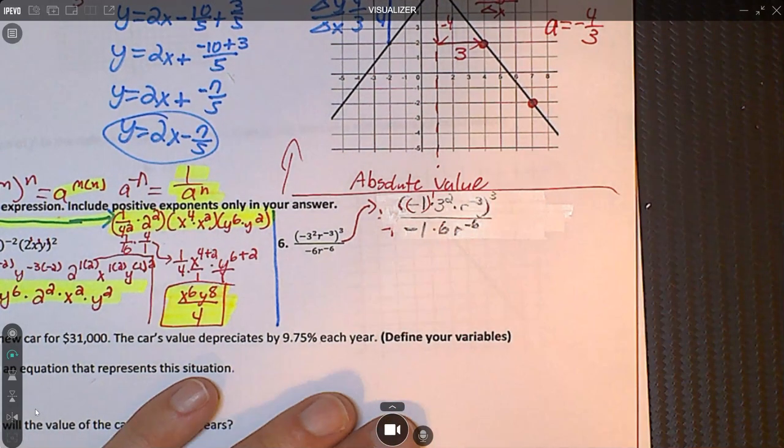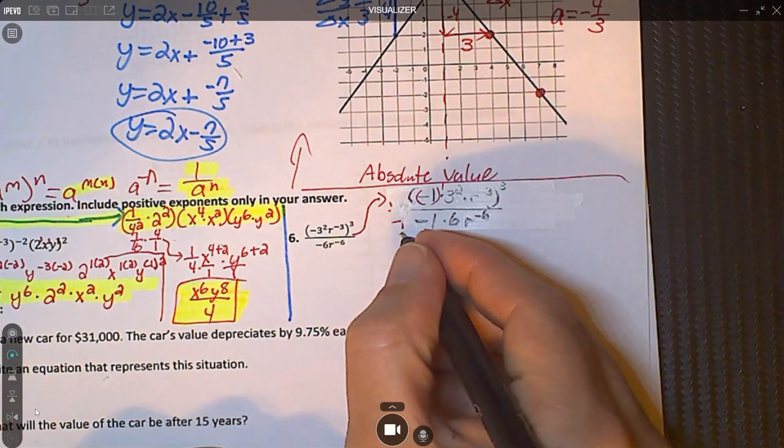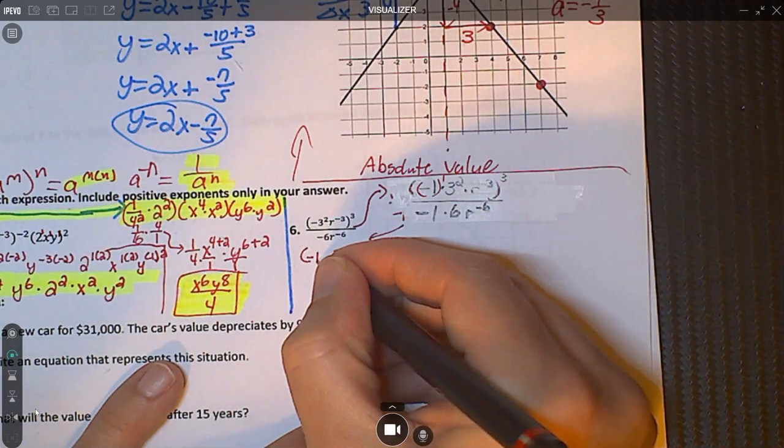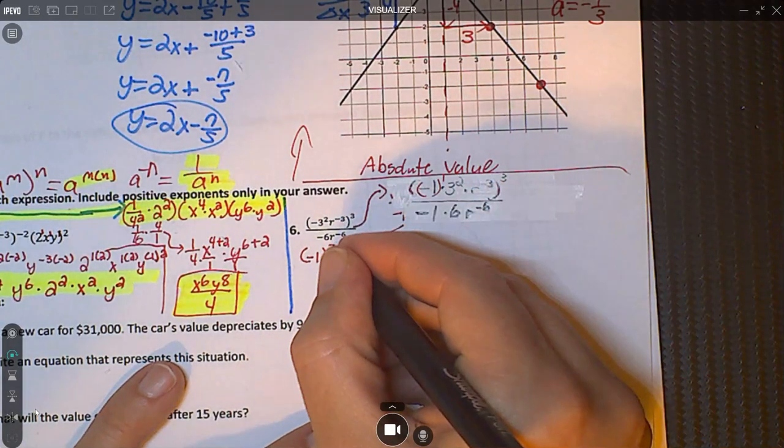That's really negative 1 to the first times 3 squared. So you get negative 1 to the third.